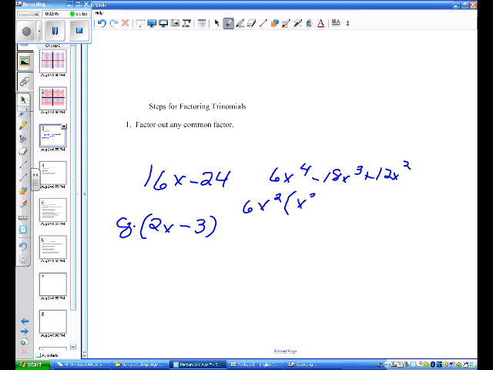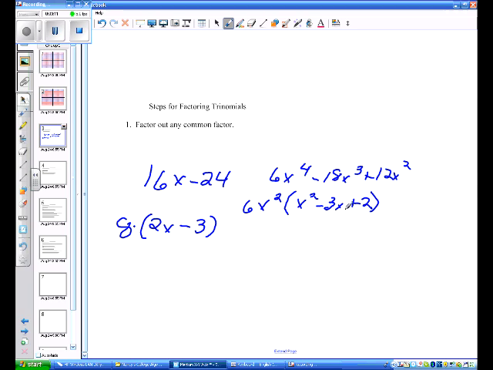That would be times x squared. Remember, when you multiply like bases, you add your exponents. Then 6x squared times what will give us negative 18x cubed? That would be negative 3x. And then 6x squared times what would give us 12x squared? Well, 6 times 2.